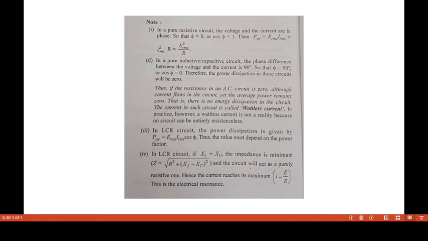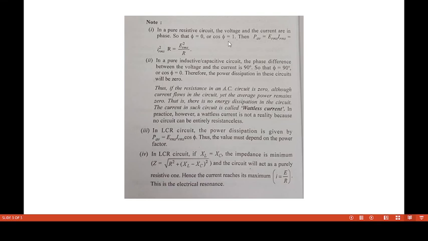Now, concluding whatever we have seen, in a pure resistive circuit, voltage and current are in phase, so that phi equals 0 or cos phi equals 1.